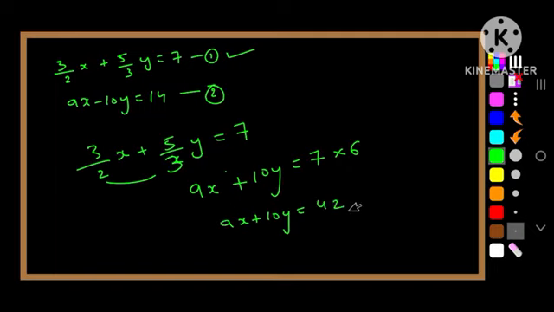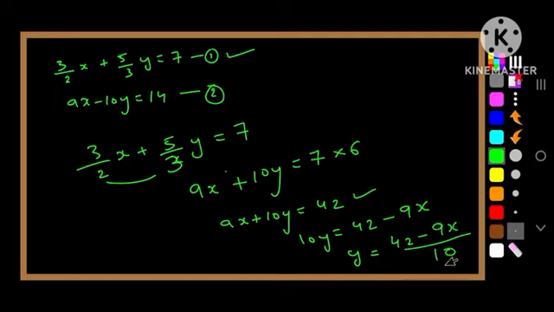So this is our equation which you are getting. So now you can easily take out the y value. So 10y is equal to 42 minus 9x. So y is equal to (42 minus 9x) by 10. So this will be our equation.